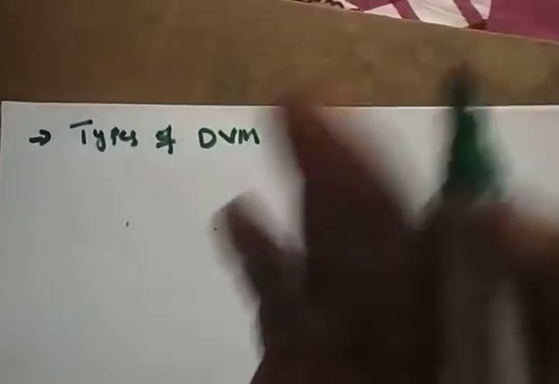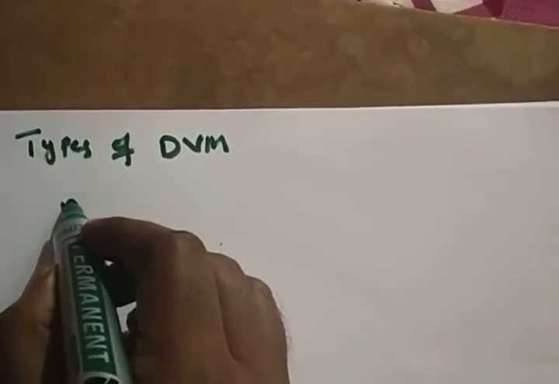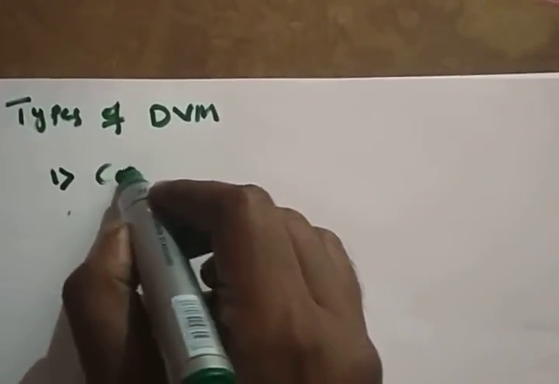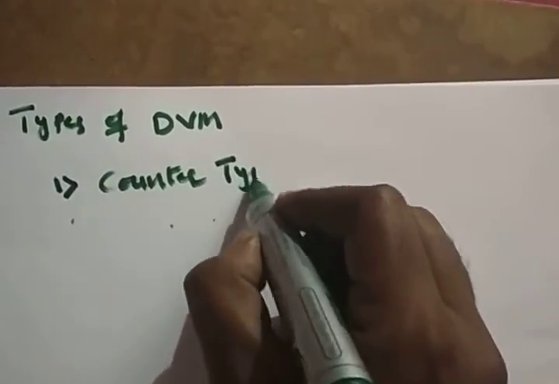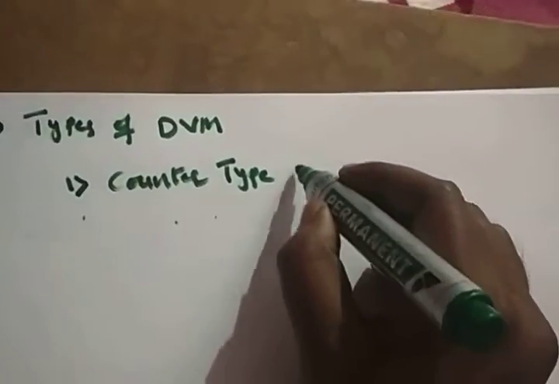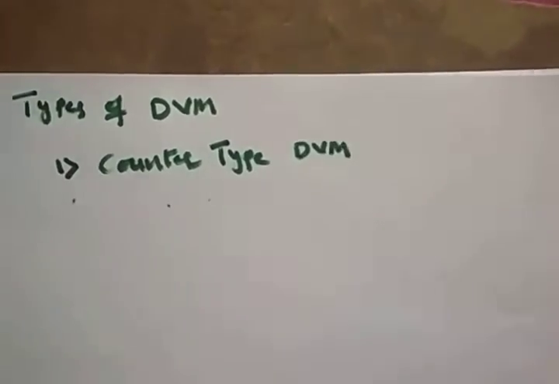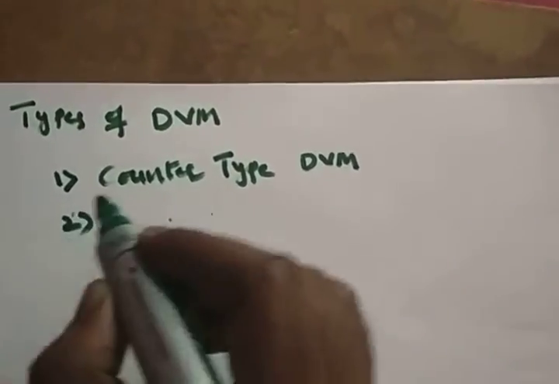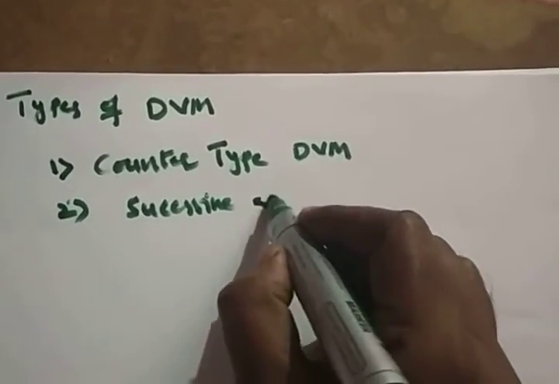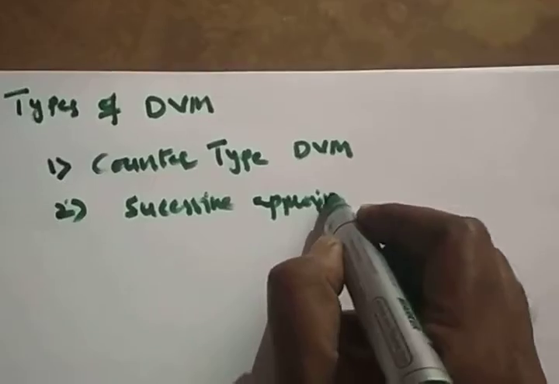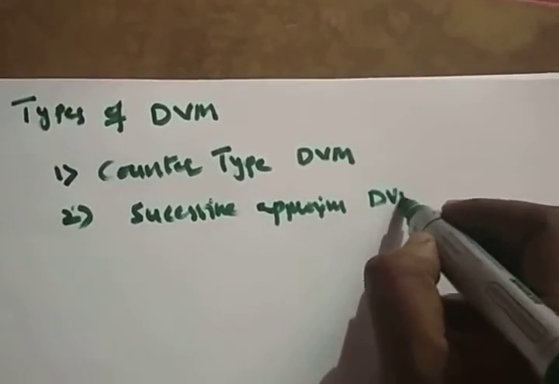DVM is nothing but digital voltmeter. The first one is counter type DVM, and the second one is successive approximation type DVM.